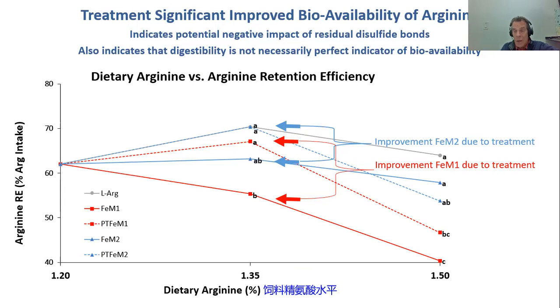It's an amino acid within the protein, and its digestibility was improved by hydrolyzing the disulfide bond, indicating that the residual disulfide bonds present in commercial feather meal were impeding the digestibility of other amino acids, and making that protein source more bioavailable.